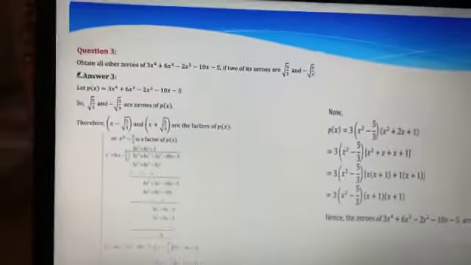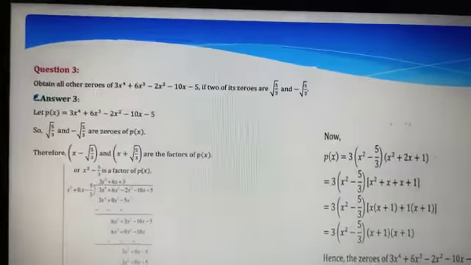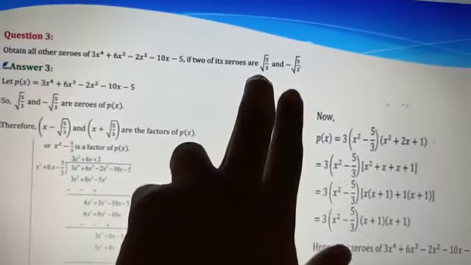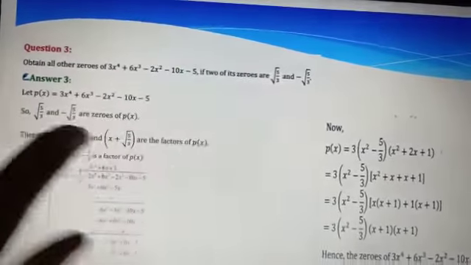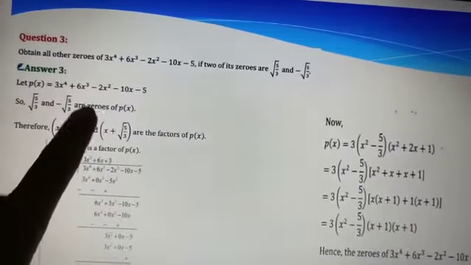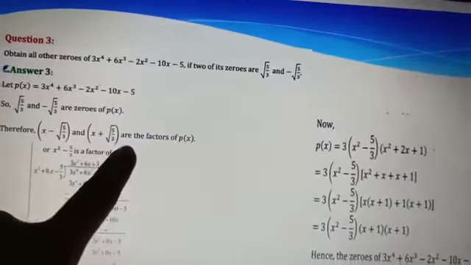So this kind of question is always asked in the board exam, so please pay attention. I repeat, you are given two root values. You'll write x equals plus root 5 by 3 as x minus root 5 by 3, and x equals minus root 5 by 3 as x plus root 5 by 3.